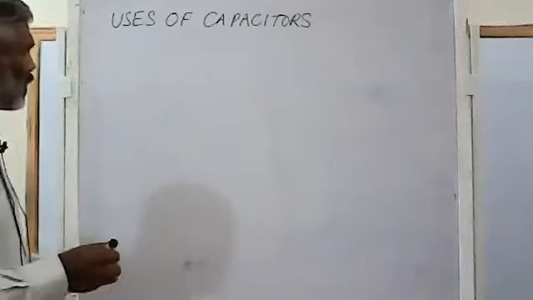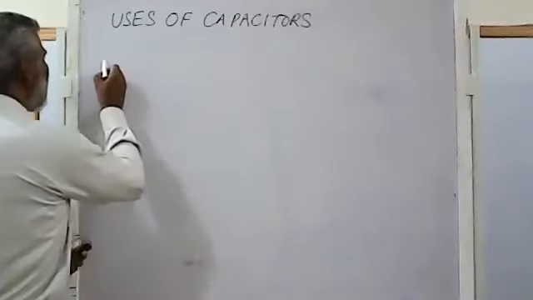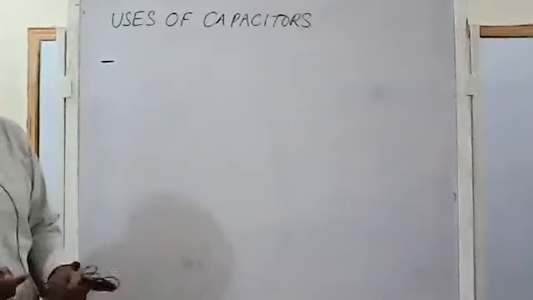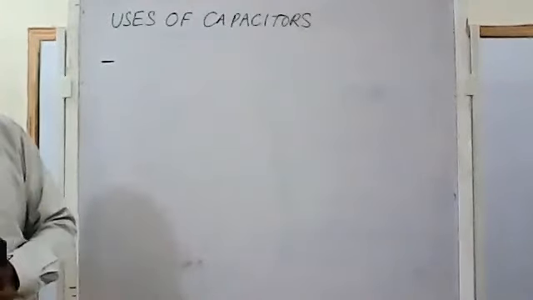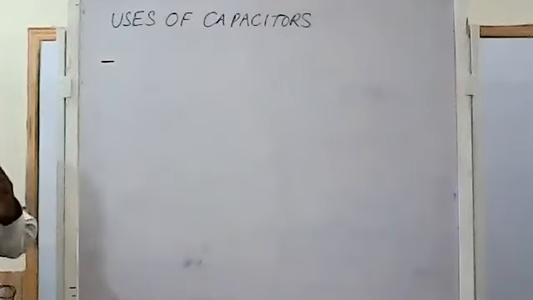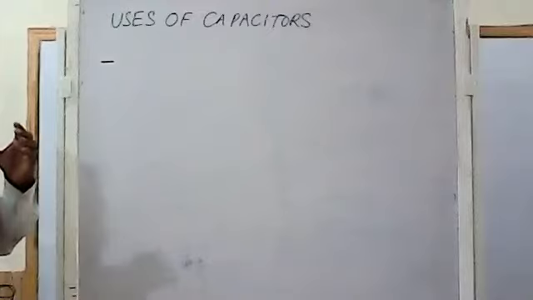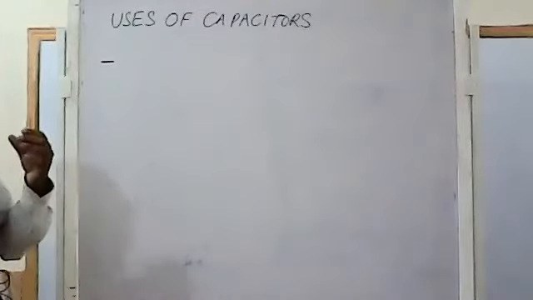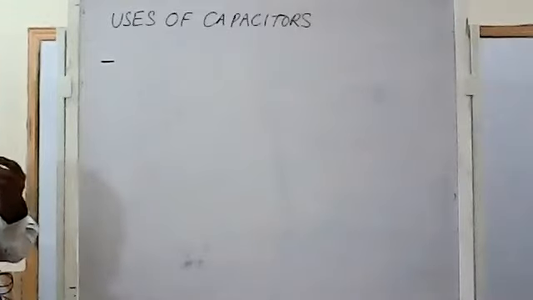The most important use of a capacitor is its ability to store energy, especially in those situations in which that energy is to be used in one go or in a very short period of time.